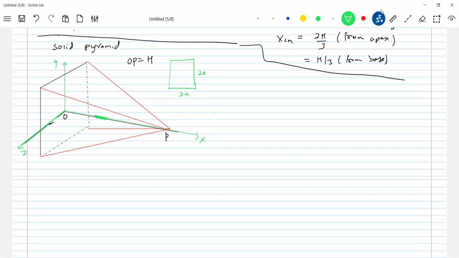Side length of the square base is 2a, so we have to look at the center of mass of this one. What is the elemental structure you are supposed to assume? What should be the elemental structure that should be assumed here?